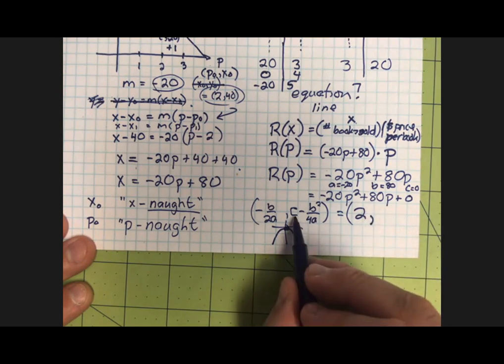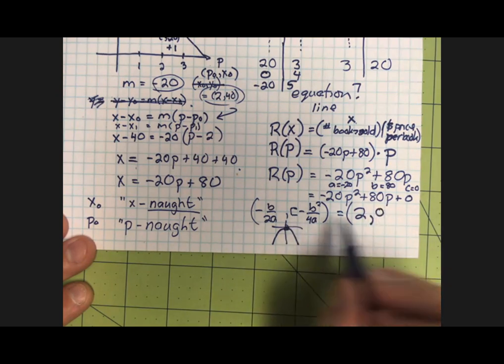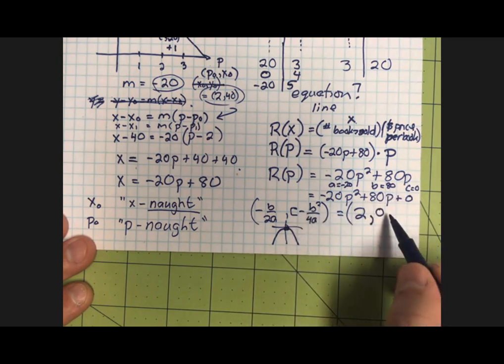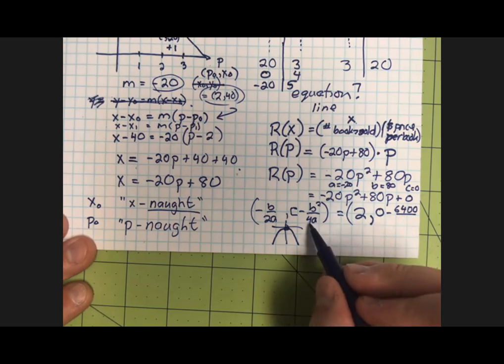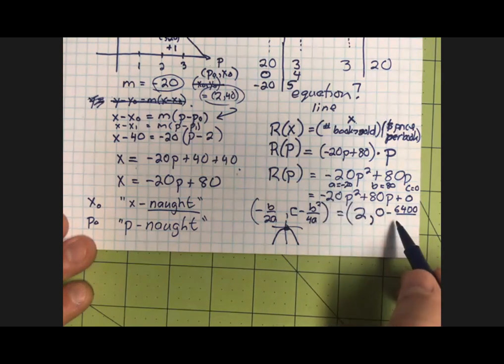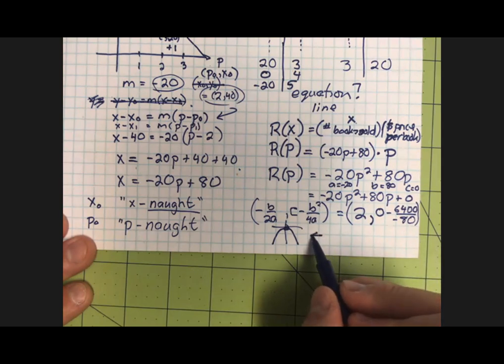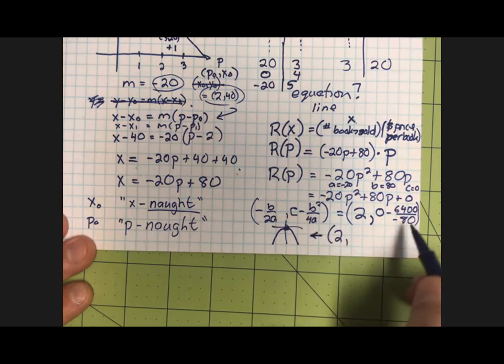And what's c? 0. What's b squared? B squared is 6,400. 80 times 80. 8 times 8 is 64. 8 tens times 8 tens is 6,400. Divided by 4a, minus 80. How's that number come out? Negative divided by negative is positive.